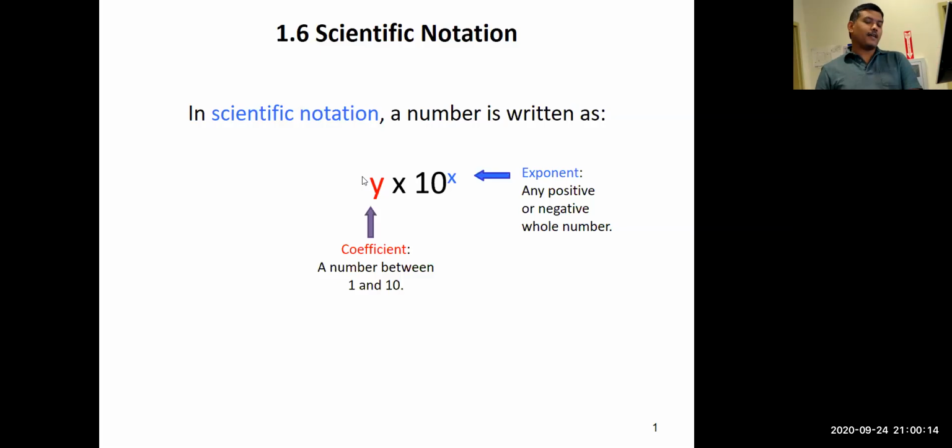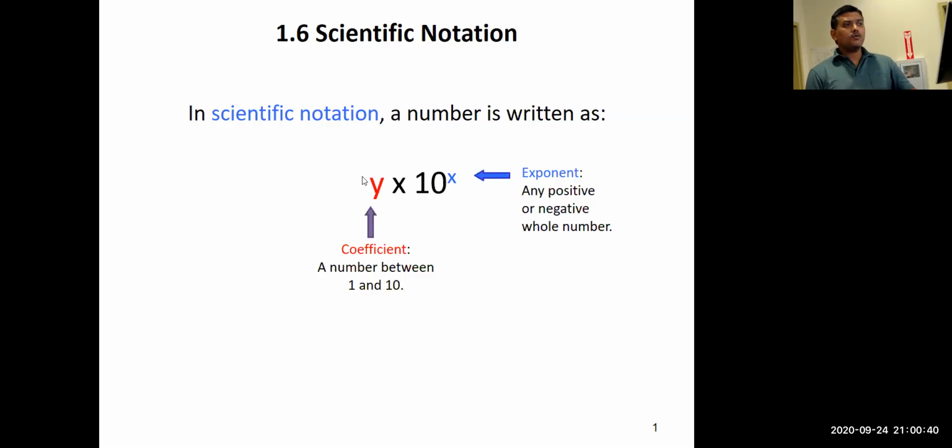Based on whether x is positive or negative, you can predict the magnitude of the number. Let's say if x is positive 10, now you can think of something near a billion. If x is negative 3, now you can think of something in the micro range in terms of magnitude, so smaller.